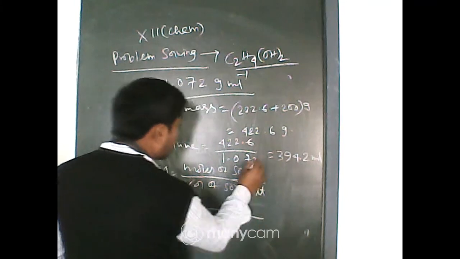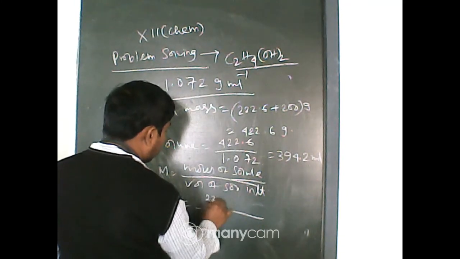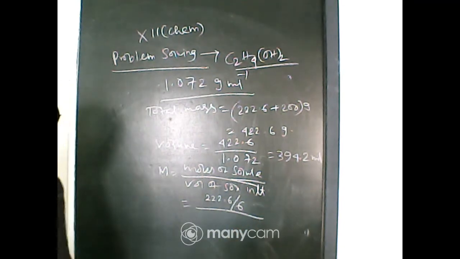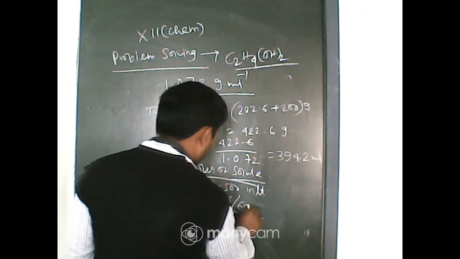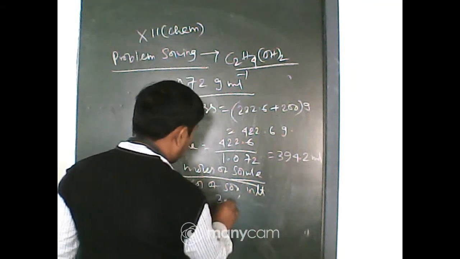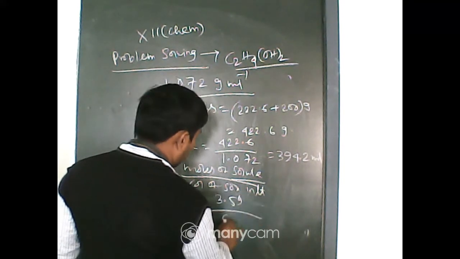So for this, moles of the solute, that is previously calculated, 222.6 divided by 62, which was about 3.59, divided by volume of the solution in liter.